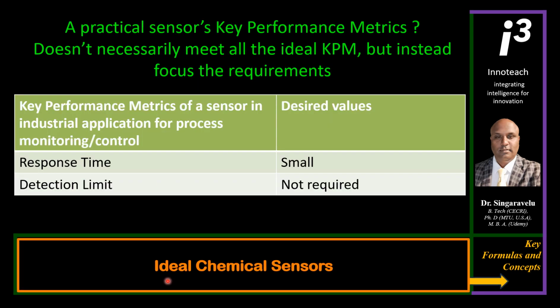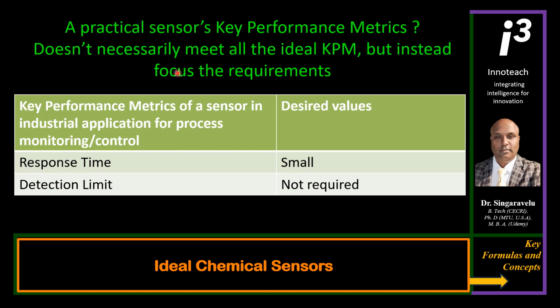But when we are talking about ideal chemical sensors, would it be possible or practical to meet all those key performance metrics at those desired values in a practical sensor?